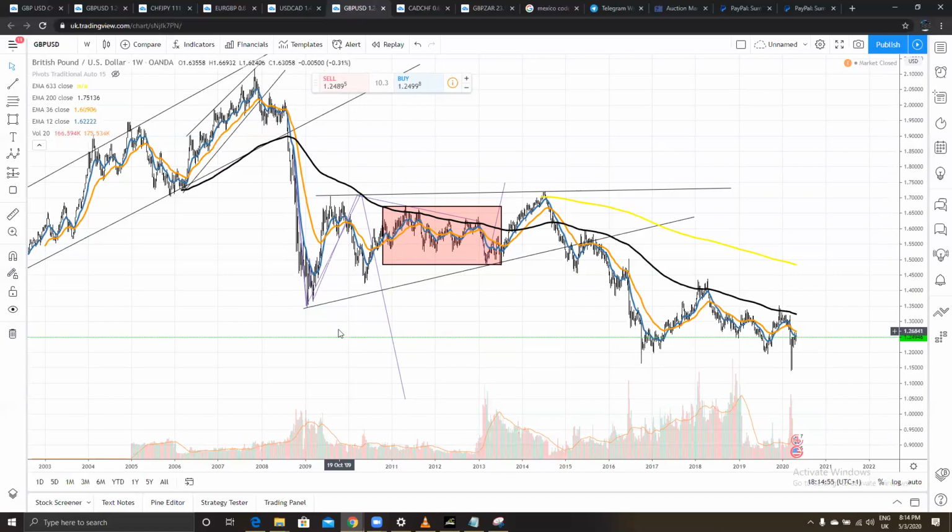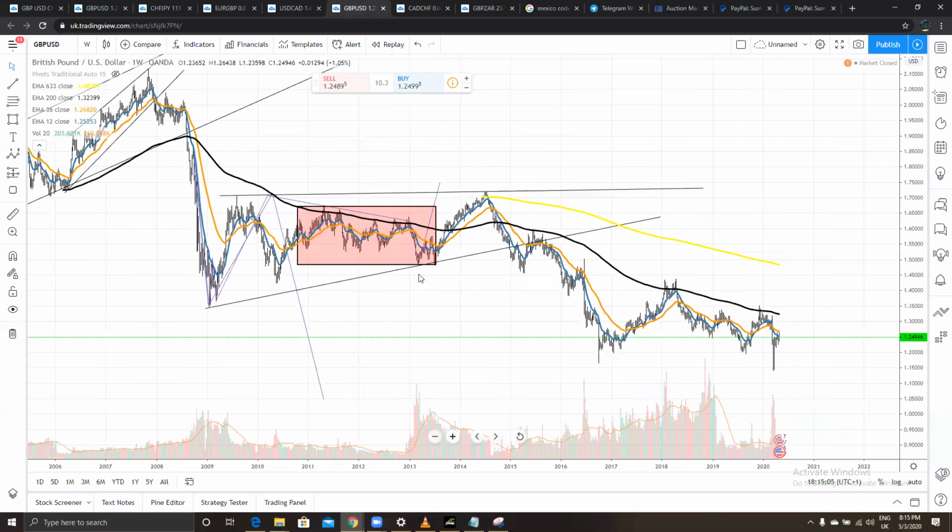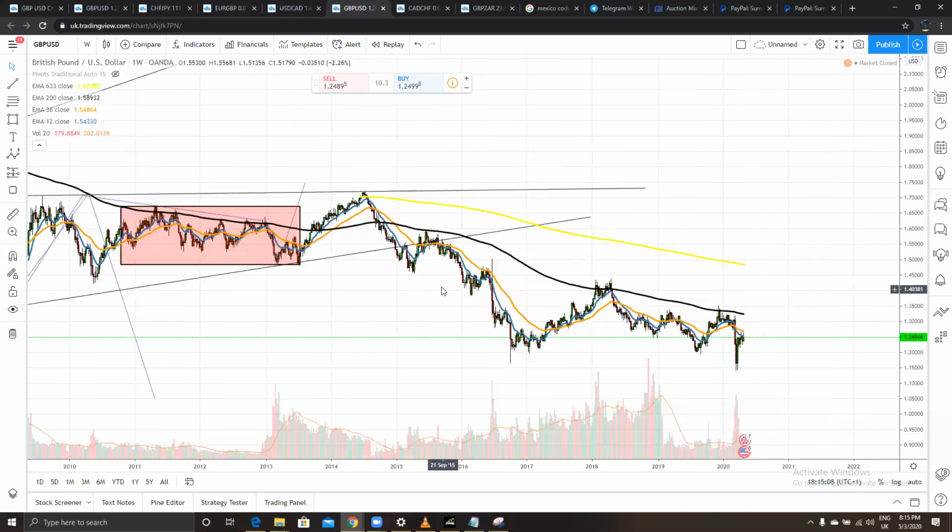The function of the 12 EMA is to understand volatility. How strong is the move going down? The 12 EMA is just a 12 period, so this is just measuring 12 trading days, 12 trading weeks, 12 prices away on a 30-minute chart, or on a 1-hour chart, and so on.